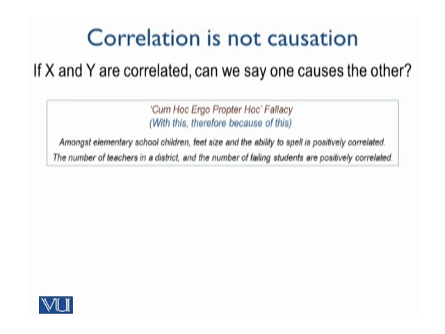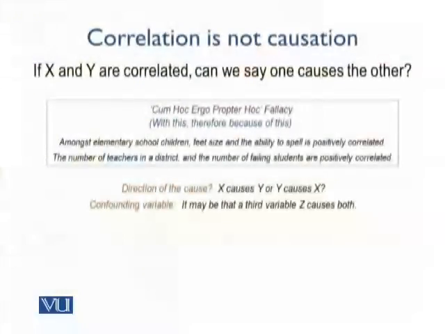Two variables happening at the same time may have a very high correlation, but it does not follow that either one is causing the other. It may actually be that the variables are correlated, but there is some other lurking variable which is actually causing the increase or the decrease in both of these variables.